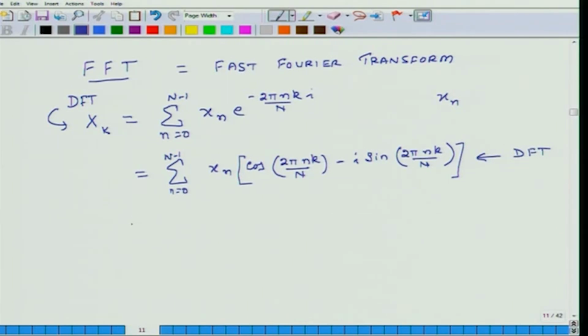In this function, we have N outputs. What are those N outputs?